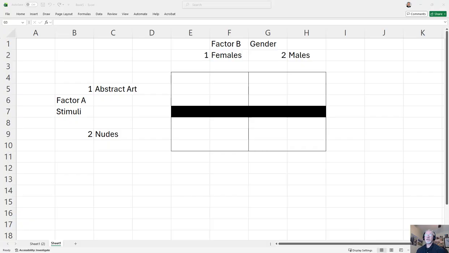And they looked to see how they would respond in terms of rating the pleasantness of those as a manipulation check. How much do they like viewing the nudes or the art? And he also looked to see whether or not he could get the replication to show that the rated attractiveness of their romantic partners would go down. Let's take a look at those results.